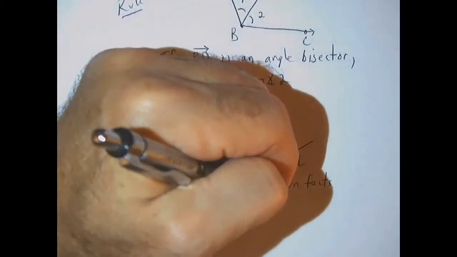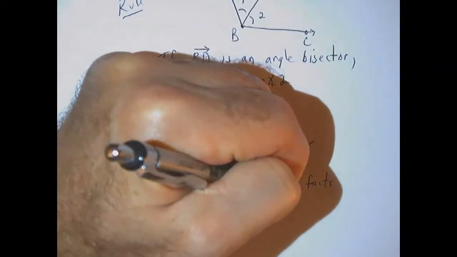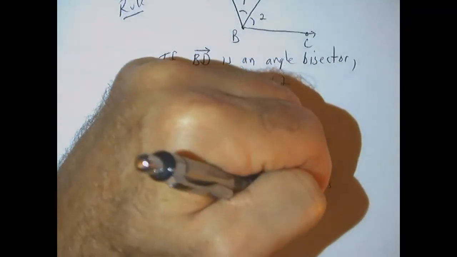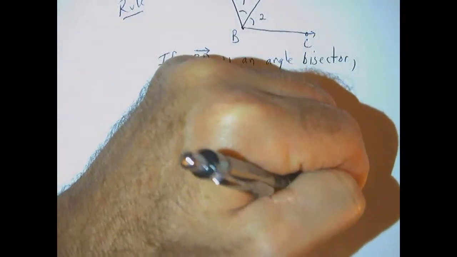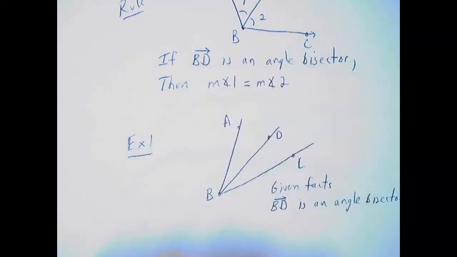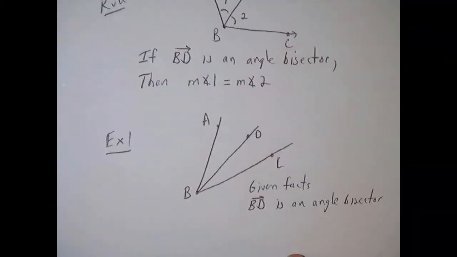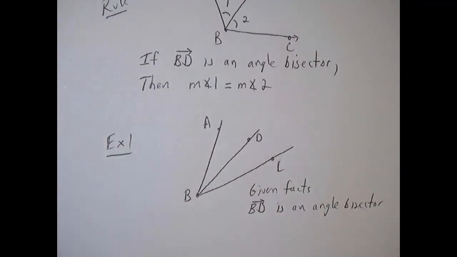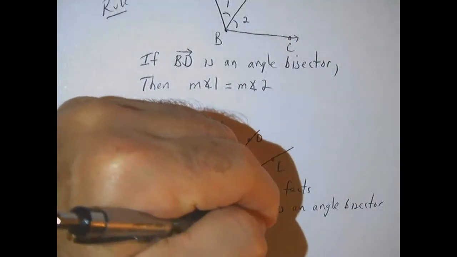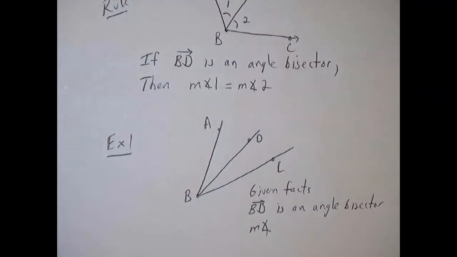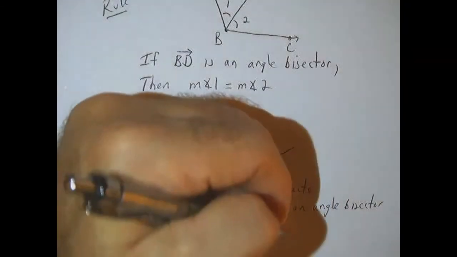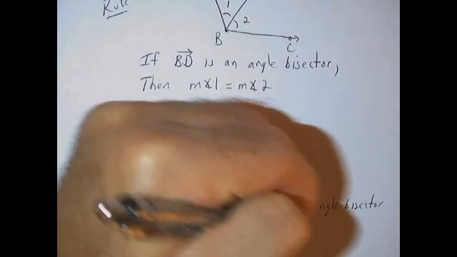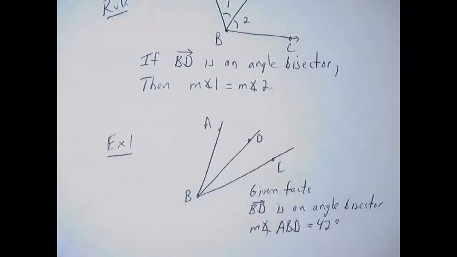One is that BD is an angle bisector. And then the other given fact will be that the measure of angle ABD is equal to 42 degrees.